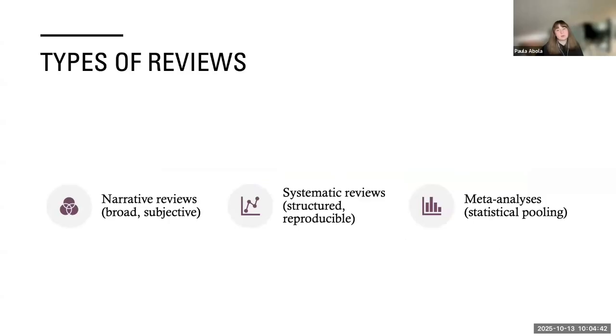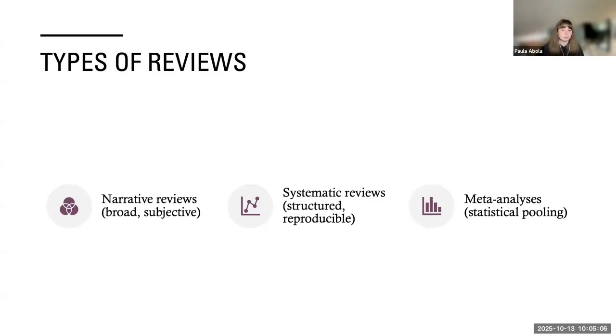It is important to distinguish that not all reviews in the literature are systematic reviews, and not all reviews are the same. You have probably seen the term narrative review, which is a broad review, like a story written by one expert. It can also sometimes be called a scoping review. These can be helpful for background, but they are more subjective. A systematic review is much stricter.